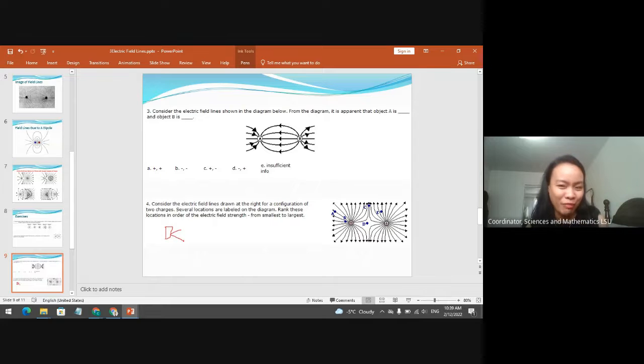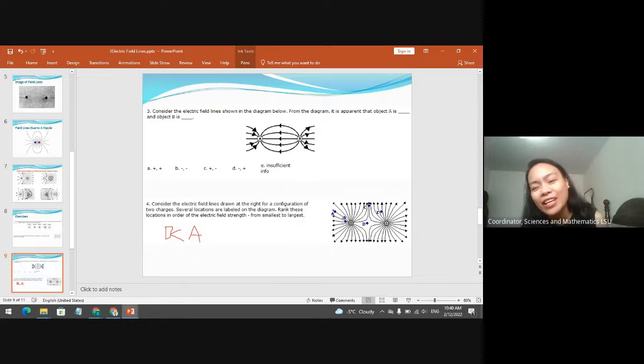I'm sorry for my penmanship. That is letter D and that is less than. Now next to D, which point has the lesser field line? Would it be A or E? This time it would be point A. Why will it be point A?